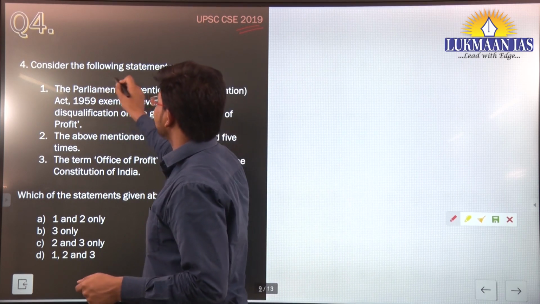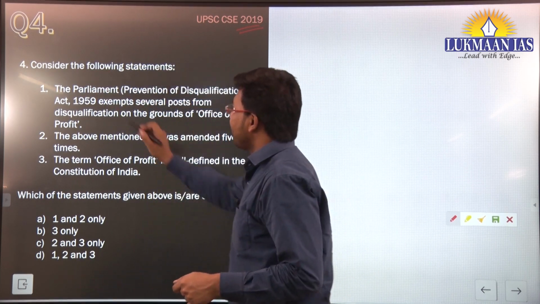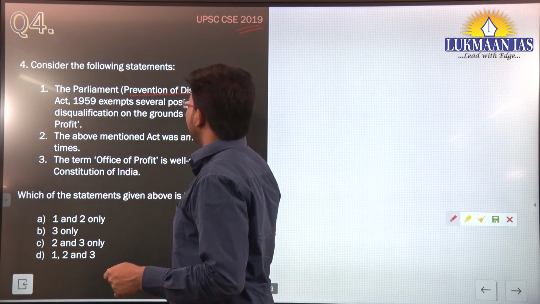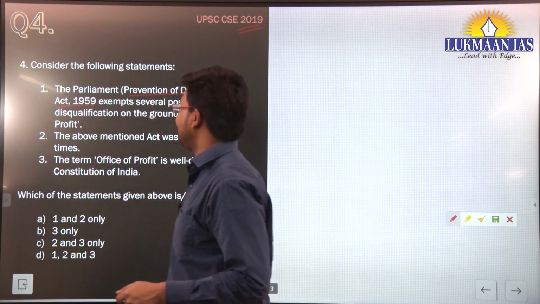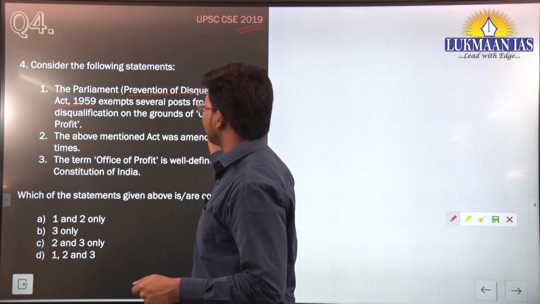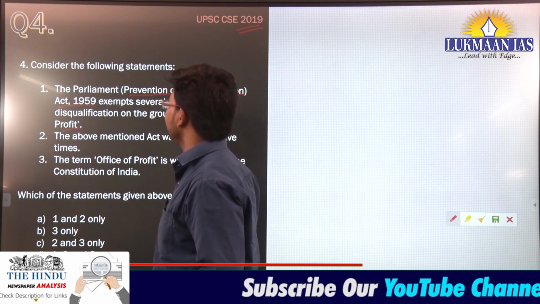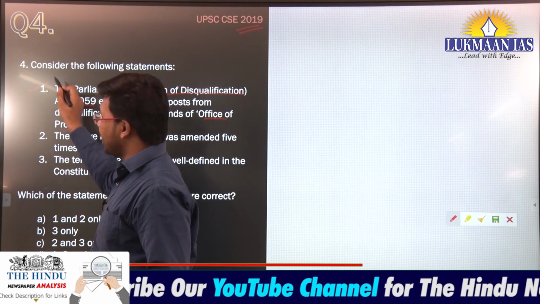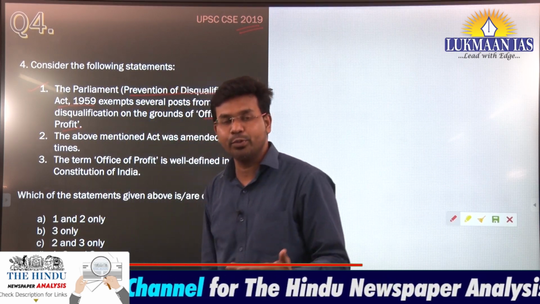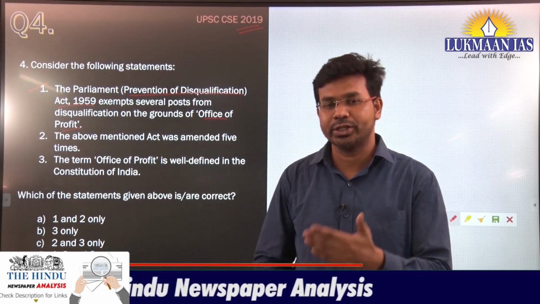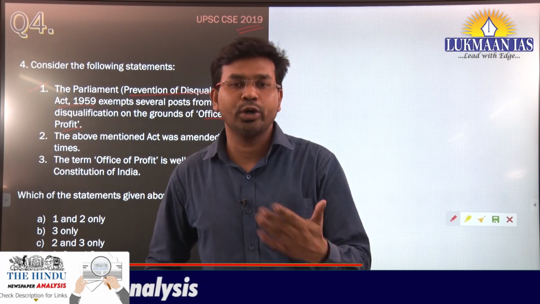It says, consider the following statements. The Parliament Prevention of Disqualification Act 1959 exempts several posts from disqualification on the ground of office of profit. Many of you are UPSC aspirants who might have started your preparation just now, in 1 or 2 years.